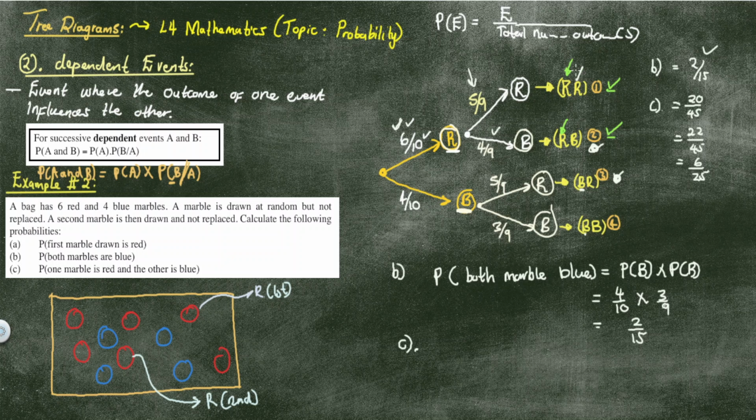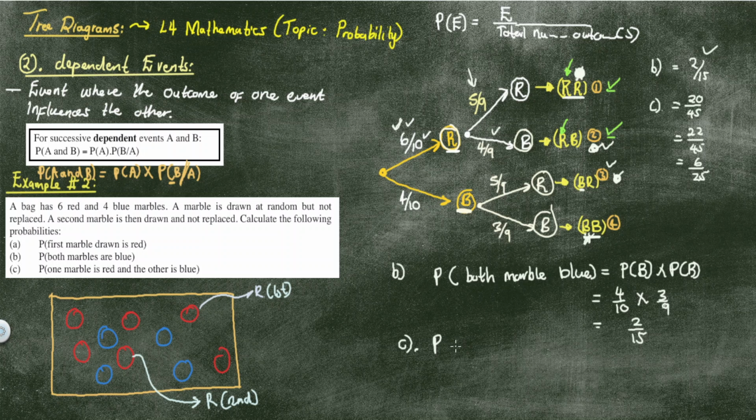So I cannot use branch number 1 because both of them are red, and it says one should be red and the other one should be blue. Number 4 as well, because number 4 is both blue. So the qualifying ones were 2 and 3.